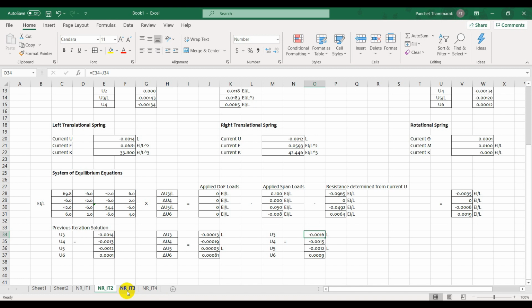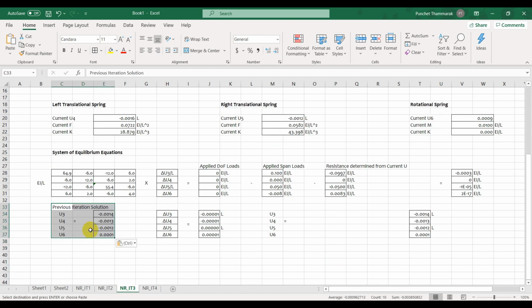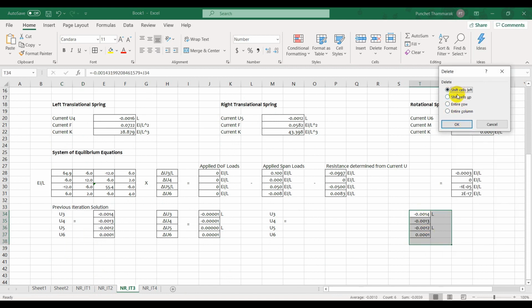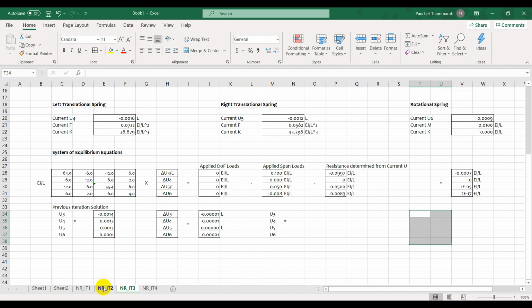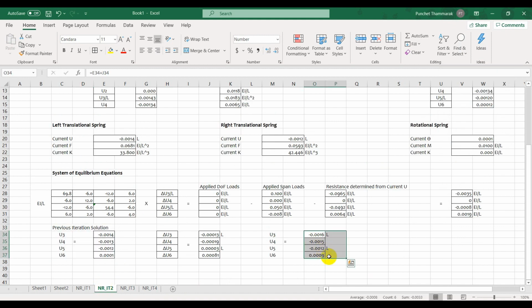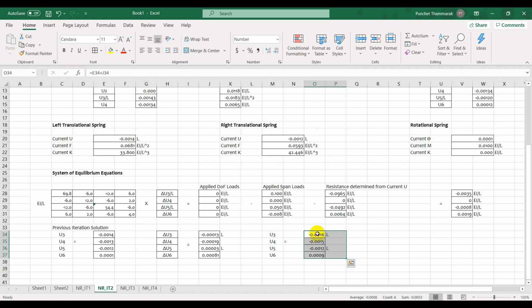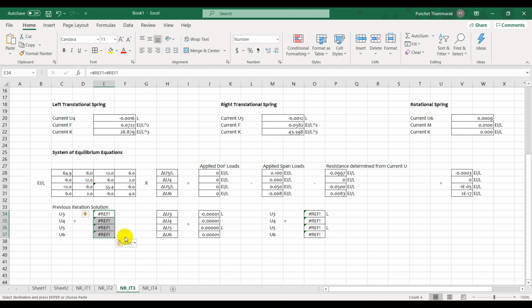And in the next step, but here we update, we got to put it here, okay.